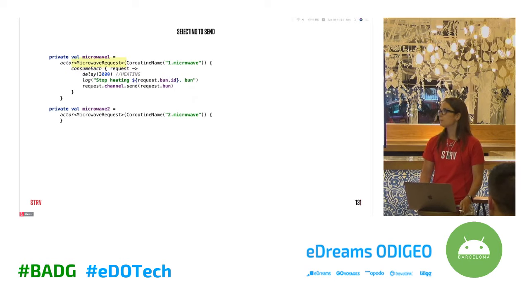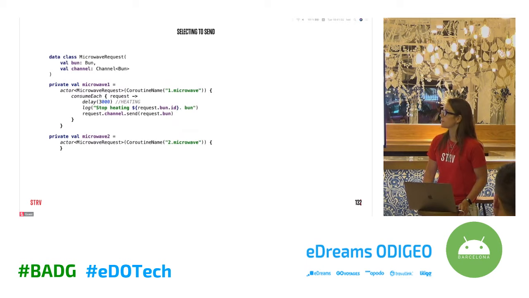The message type this actor is going to process is MicrowaveRequest, which is a simple data class holding a bun which we need to heat, and a channel, which is a communication medium between cooks and microwaves. By using this channel, the microwave actor can let cooks know that the bun is ready. It's like the beeping sound a microwave makes when time is out.